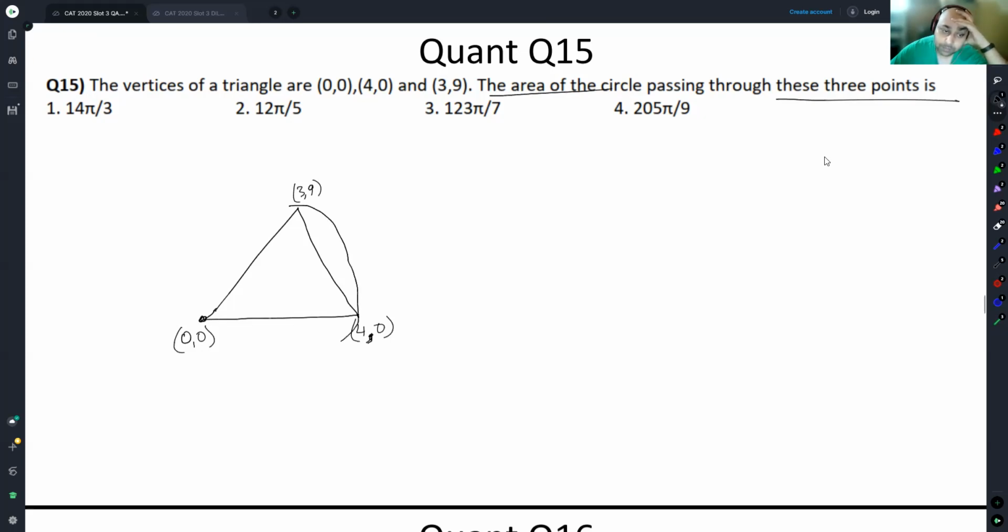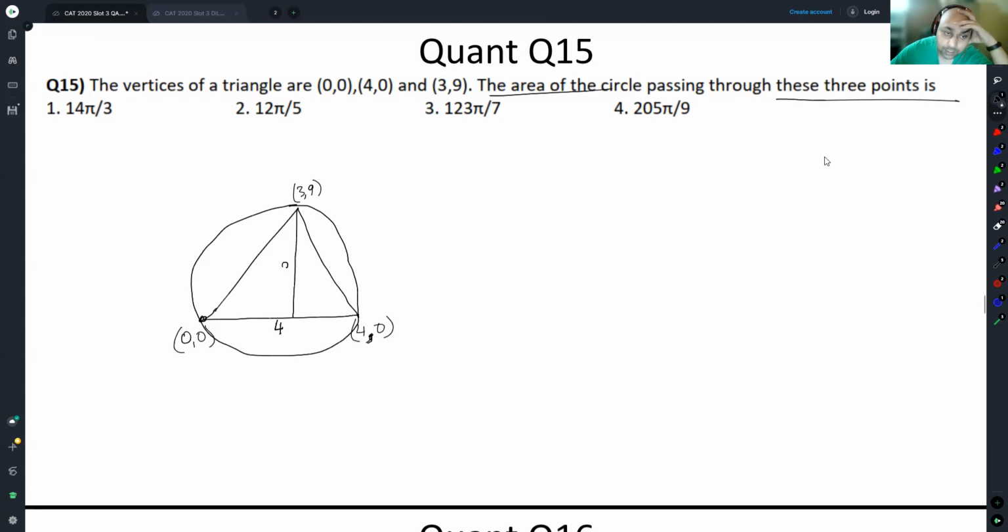The area of the circle passing through these 3 points. If you're creating a circle passing through these 3 points, you're basically talking of the circumcircle. We only have these 3 points. I'm sure there is some formula for circumradius, but what else you can do is, the base of this triangle is 4.